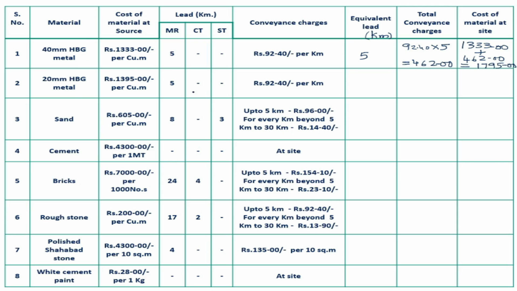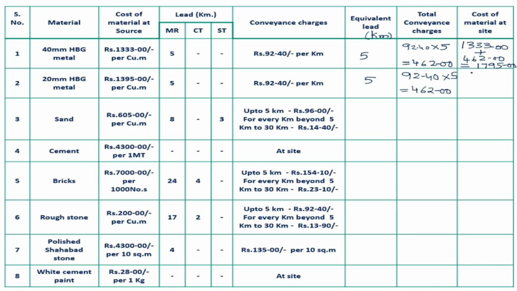To get 40 mm HBG metal from source to site, it is required 1795 rupees. Second one is 20 mm HBG metal, and its cost at source is 1395 rupees, and it is also taken in a metal road, and its conveyance charge is 92 rupees 40 paisa per kilometer. So equivalent lead is 5 kilometers, which is equal to actual lead, and total conveyance charge is 92.40 into 5, is also 462 rupees.